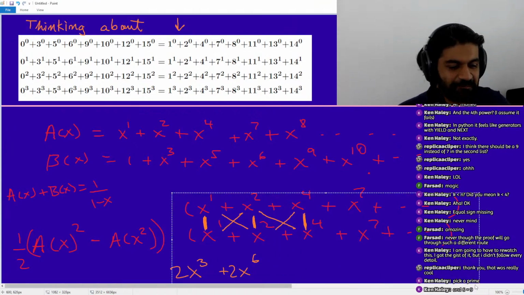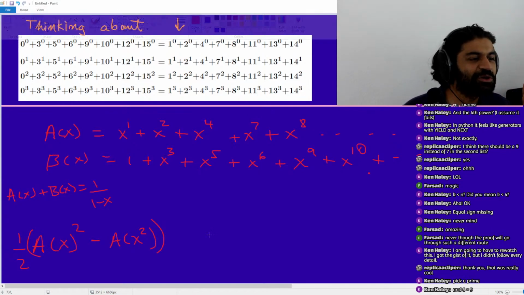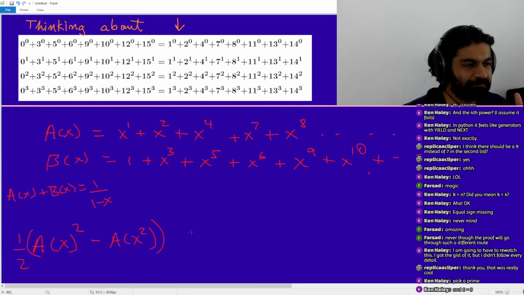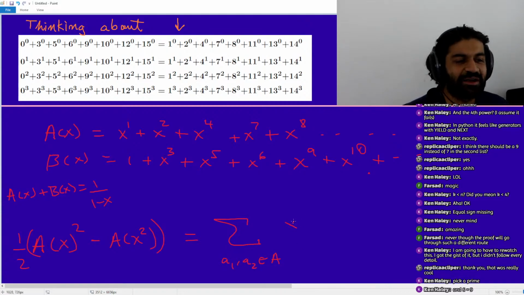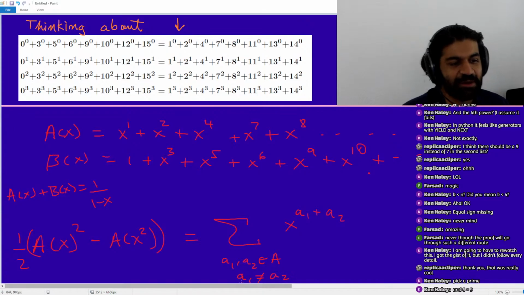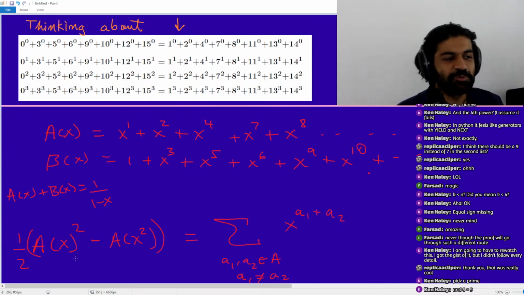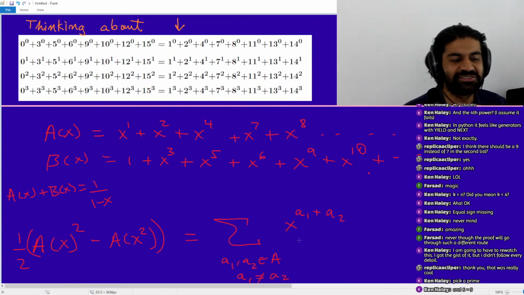So this function will look like you're adding x to the a1 plus a2, where a1 and a2 are in A, as long as a1 is not equal to a2, because I got rid of all the a1 equals a2 things by subtracting off the AX squareds. And you would get 2 of these, but I'm dividing by 2.